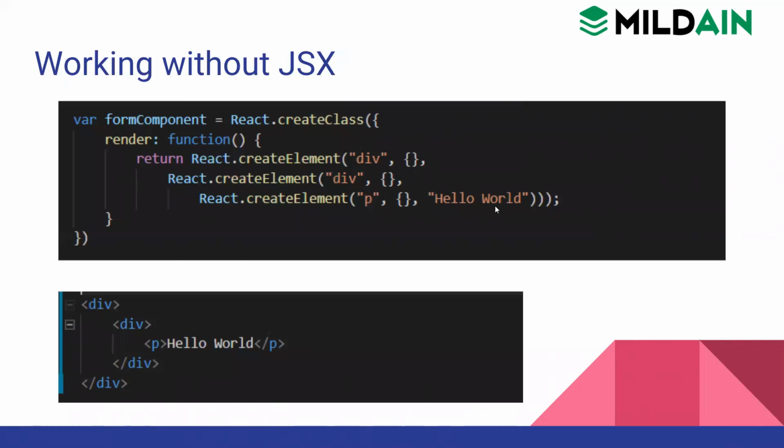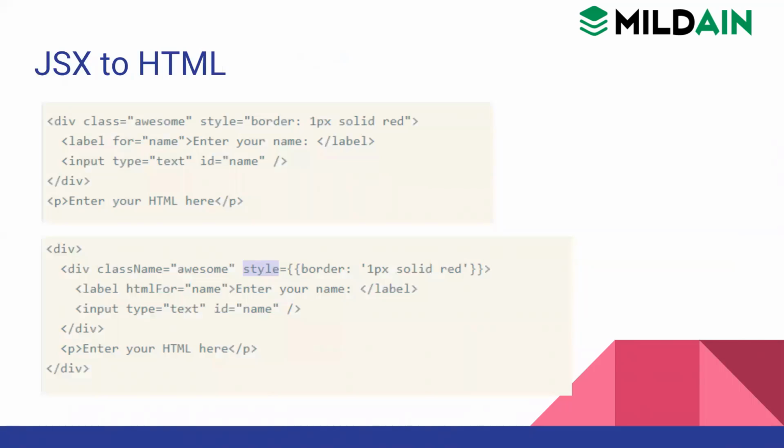Here is a slide which compares how JSX is different from HTML. On the top is the HTML part, and going down is the JSX part. A few keywords have been replaced inside JSX, like class, which is replaced by className. The style, which was border equal to something, is replaced by double curly braces containing the style elements.